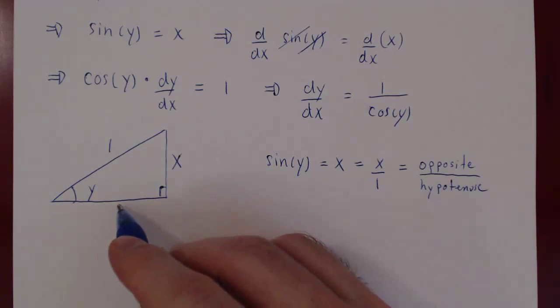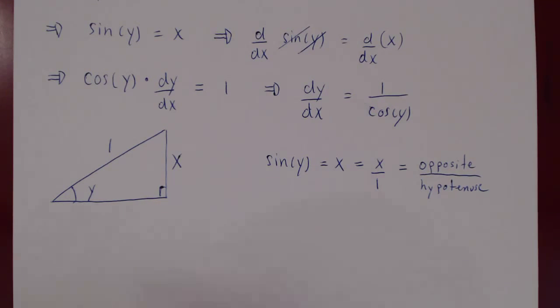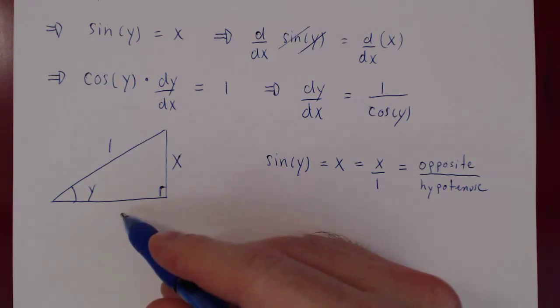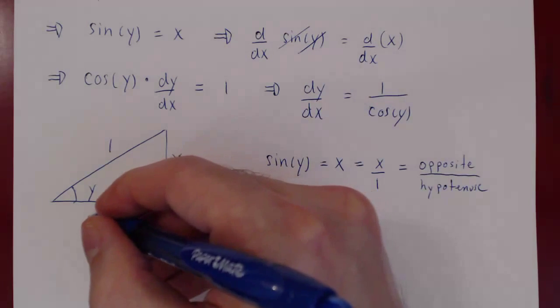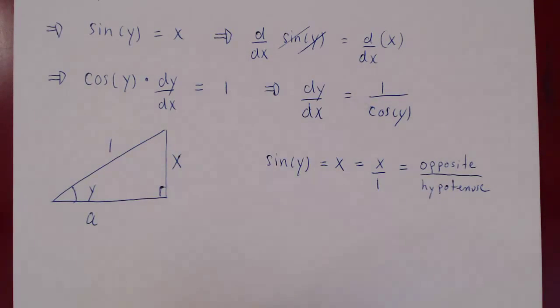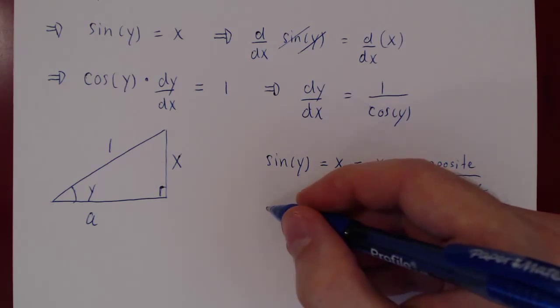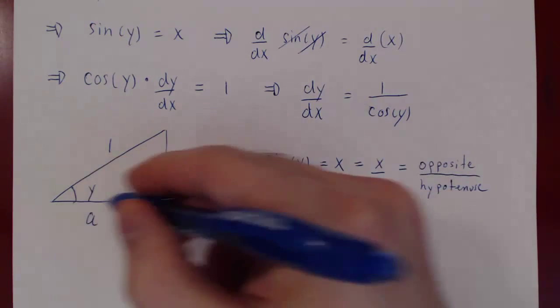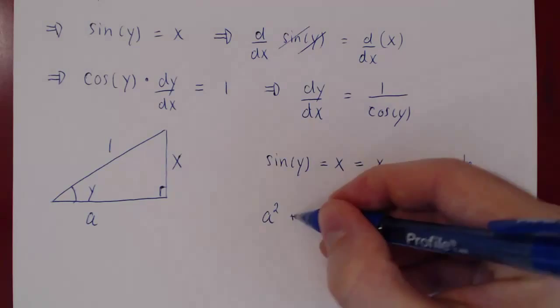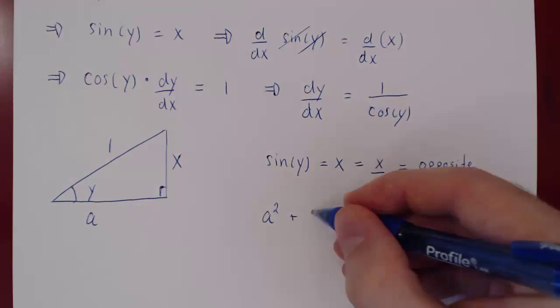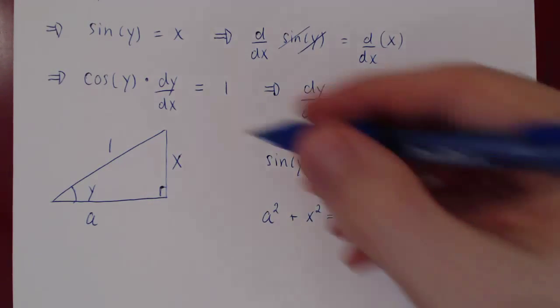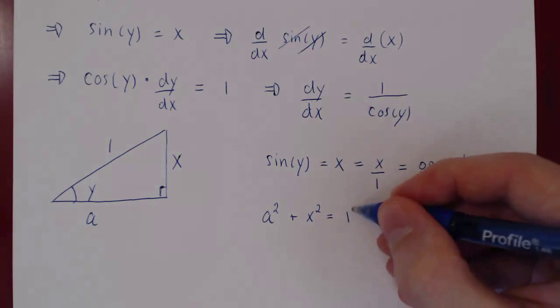Well, we're missing the base, the third side, but we can complete this with Pythagoras' theorem, right? If we call this side, say, a, we know by Pythagoras' theorem that a squared, the base squared, plus the height squared is equal to the hypotenuse squared.